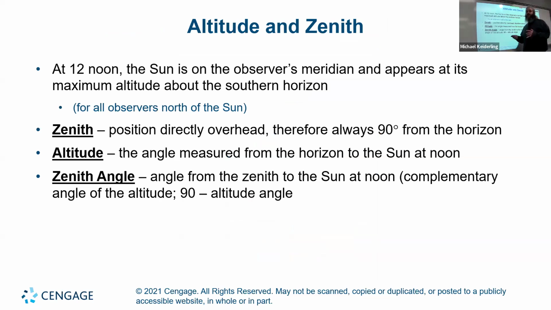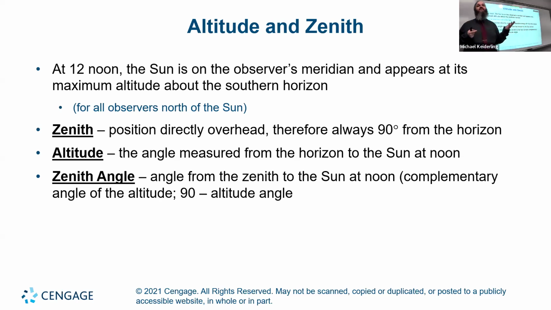At 12 noon, local time, but not necessarily at 12 noon according to your watch, especially here because we're at the edge of a time zone, so we're not actually very close to the line that the time zone is based off of. But at 12 noon local time, the sun is on the observer's meridian, so it's as high up in the sky as it's going to be, and it's at its maximum altitude above the southern horizon. So this is for all observers north of the sun, so in the northern hemisphere, more or less.